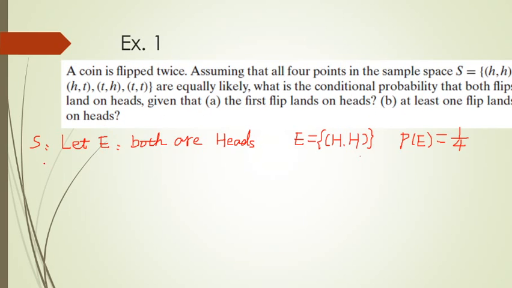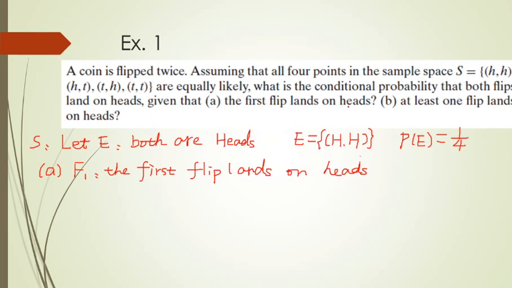Now I can call my event F1. Event F1 is the first flip lands on head. This is the given event. Read it, try to figure out the logic. What is the conditional probability that event E will occur given that event F1 occurs?